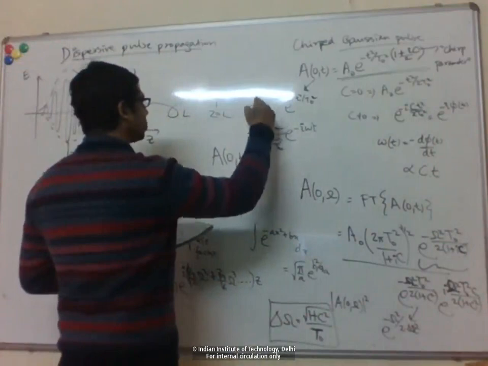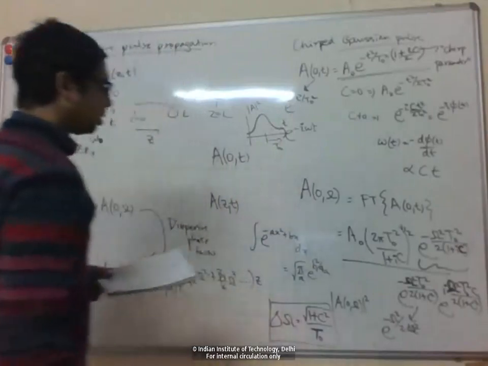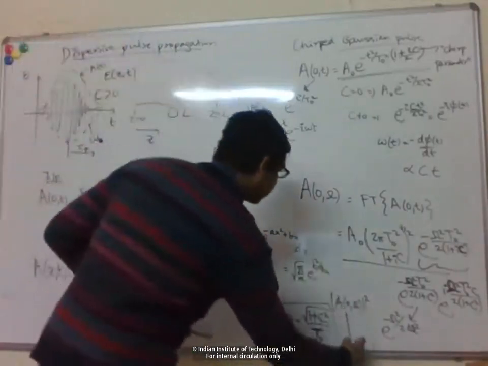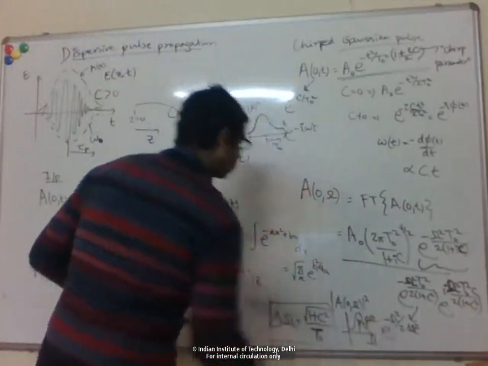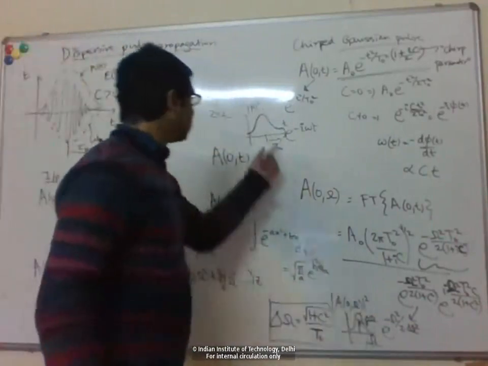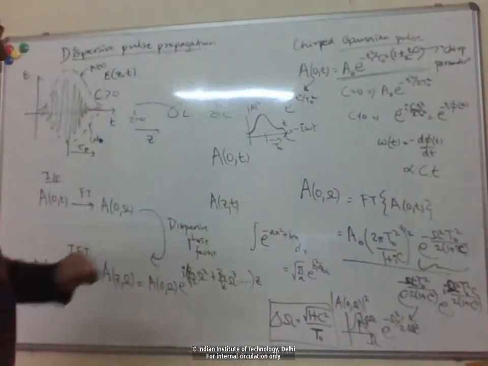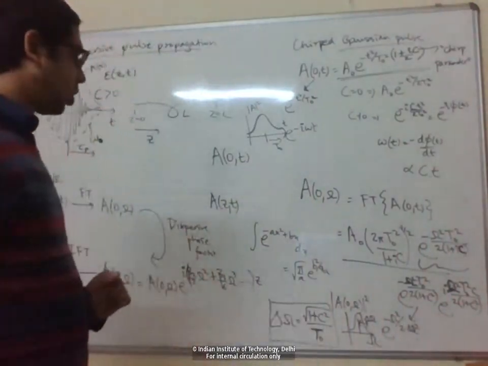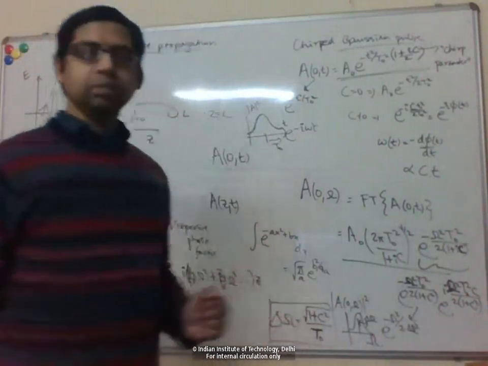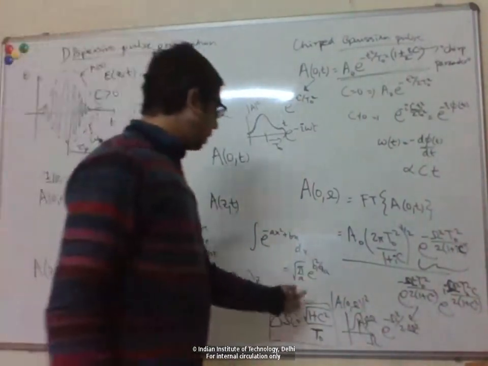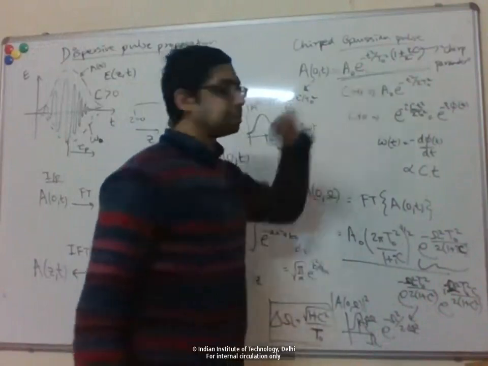This is mod of a square, so the power in the time domain, and then this is the power in the frequency domain, which has a width. So this spectral width is related to the temporal width like that. From basic signals and systems or your transform course, you might know this relation of the bandwidth being inversely proportional to the time. But here, to be more specific, this factor depends on the chirp parameter.